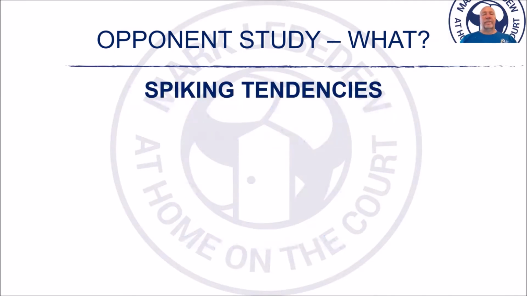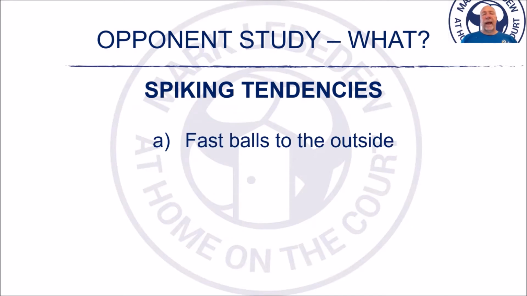Spiking tendencies. A few examples here. So we start with the outside spikers, for example, looking at how they react to fast balls to the outside. So the standard in-system ball, the standard ball after reception.